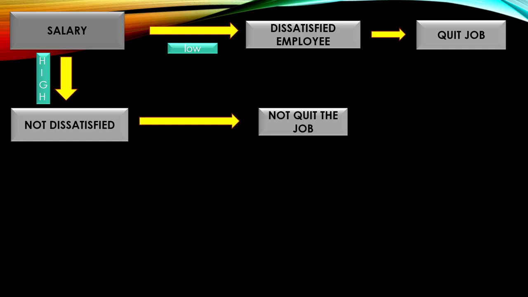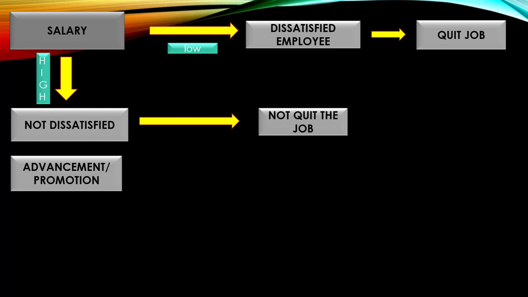So here we see that an increase or decrease in salary is only affecting the dissatisfaction level of the employee. That is, when the salary is more, the employee is not dissatisfied, and when the salary is less, the employee is dissatisfied. The salary as a factor has nothing to do with the motivation level of the employee.